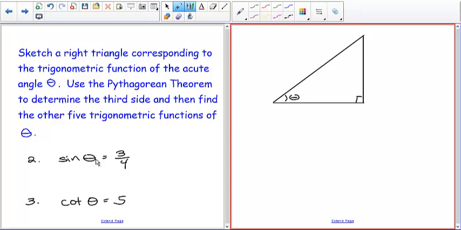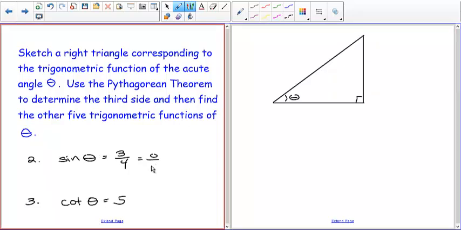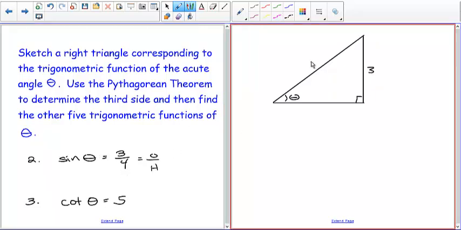So it says the sine of theta, which is opposite over hypotenuse, is 3/4. So we're going to make the opposite side 3, the hypotenuse 4. And then if we want to solve for x here, the third side, we've got x squared plus 3 squared equals 4 squared. x squared plus 9 is equal to 16. x squared equals 7. x equals the square root of 7.